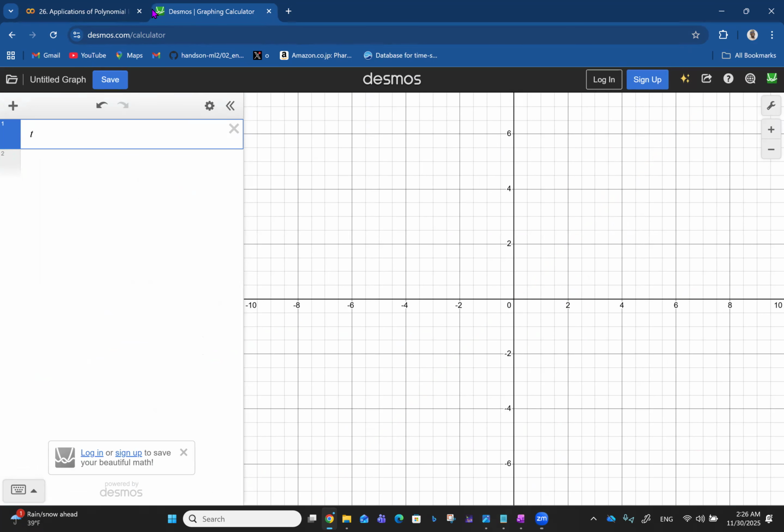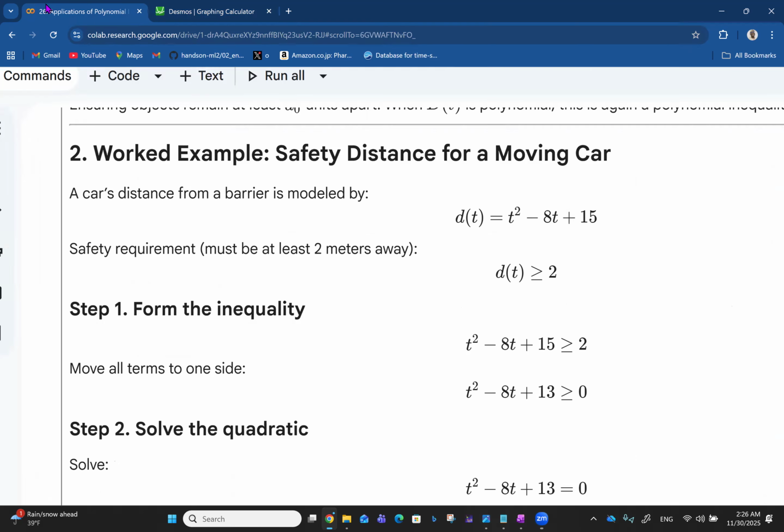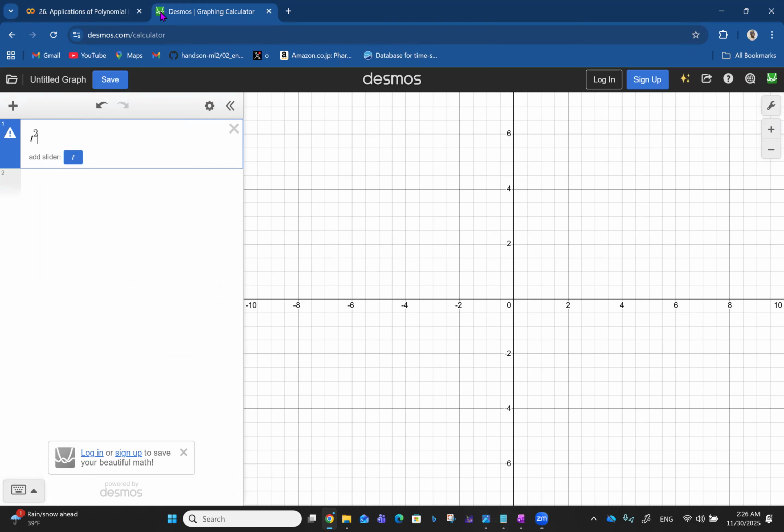Yeah, let's not be too closed-minded. t squared plus 8t minus... what was that again? t squared minus 8t plus 13. Okay, this is not working. So we have to go for x. So x is the go-to thing.